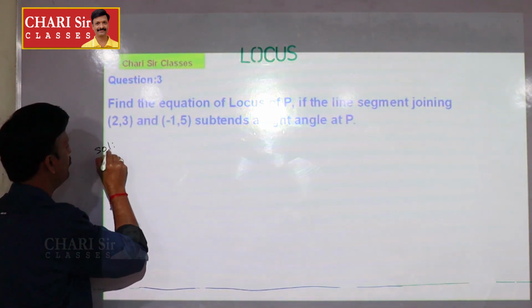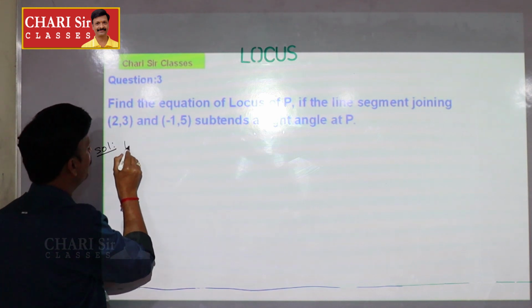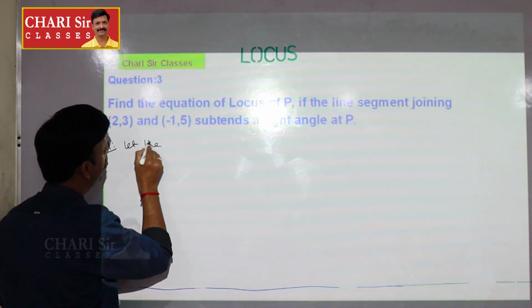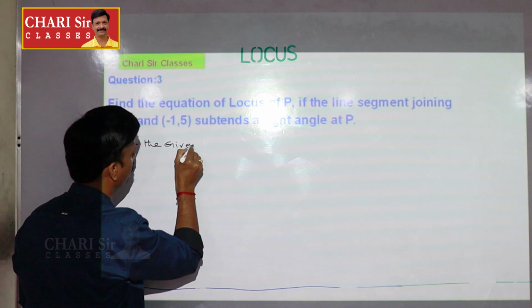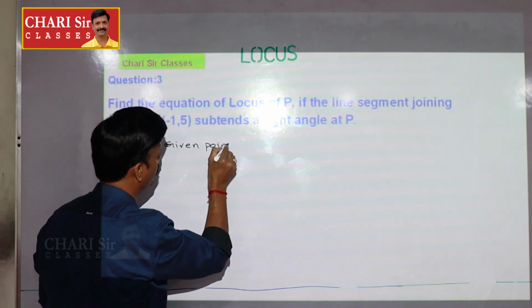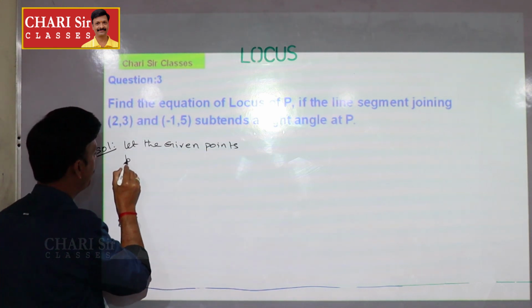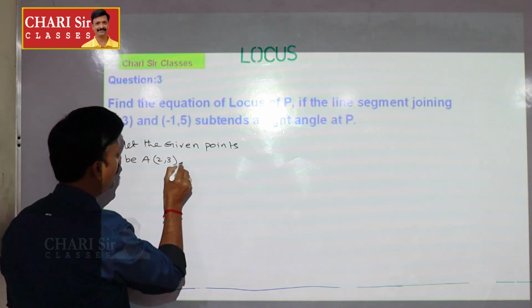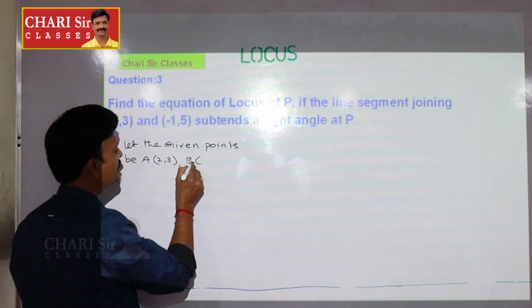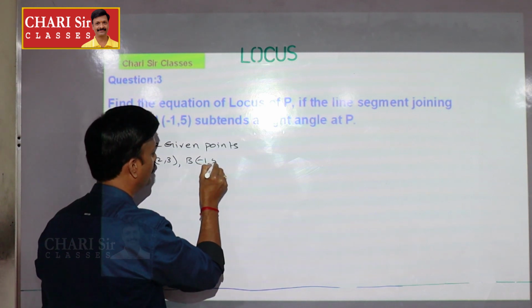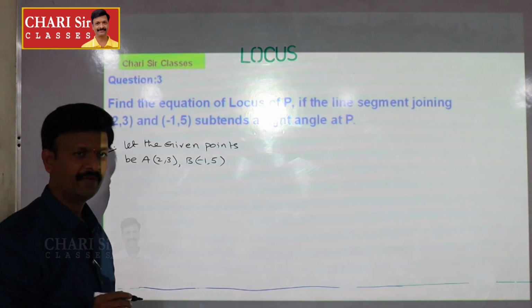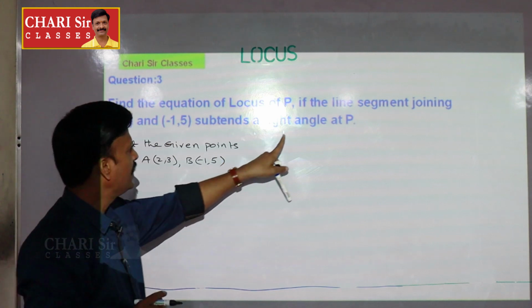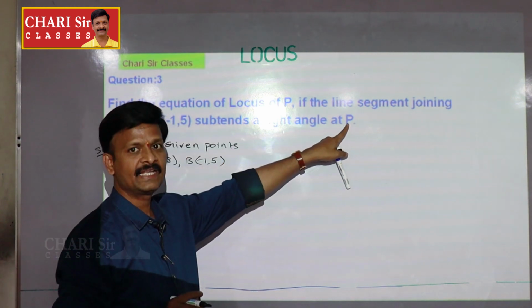The solution will be given. Let the given points be A, the first point, that is (2, 3), and B (-1, 5), and we need to take the point P as (x1, y1).